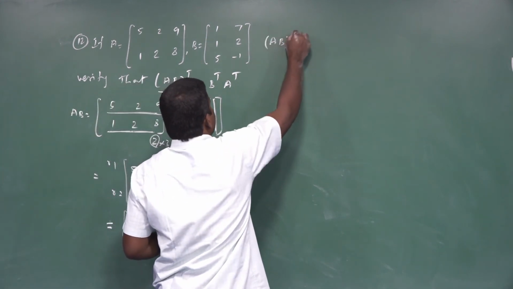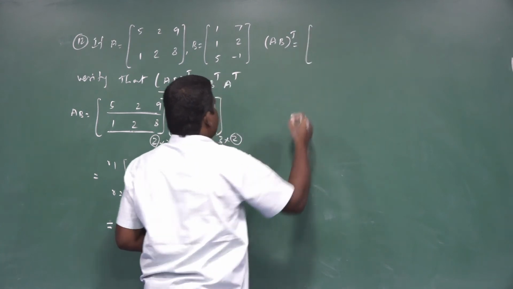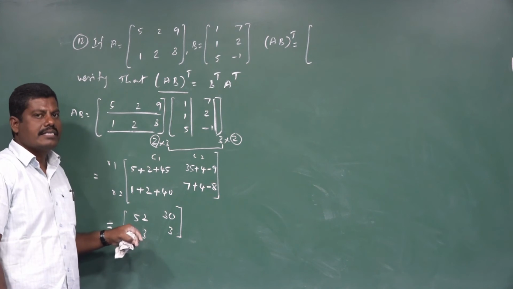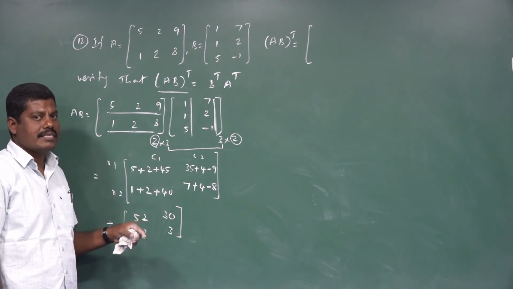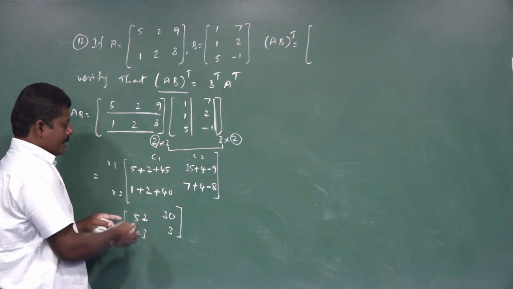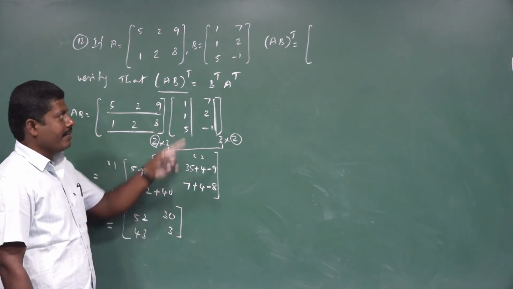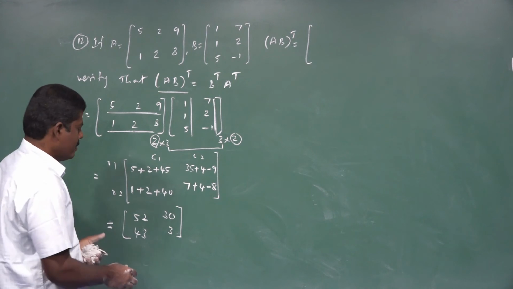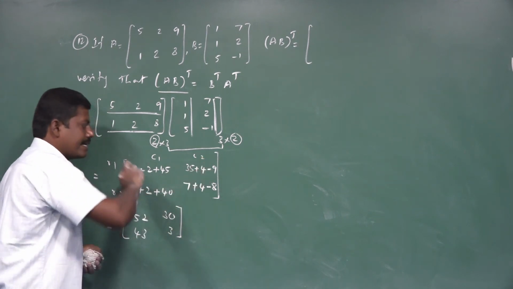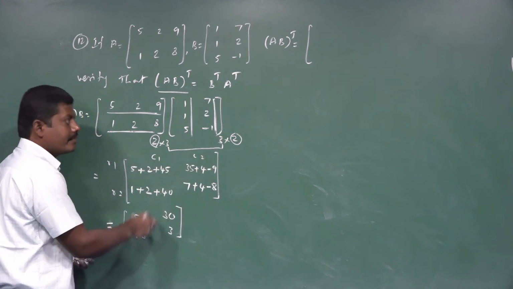AB whole transpose is equal to, what does transpose mean? Interchanging rows and columns is called the transpose. Then only we get the transpose of the matrix. So take the first column and write it in the first row, and take the second column and write it in the second row.